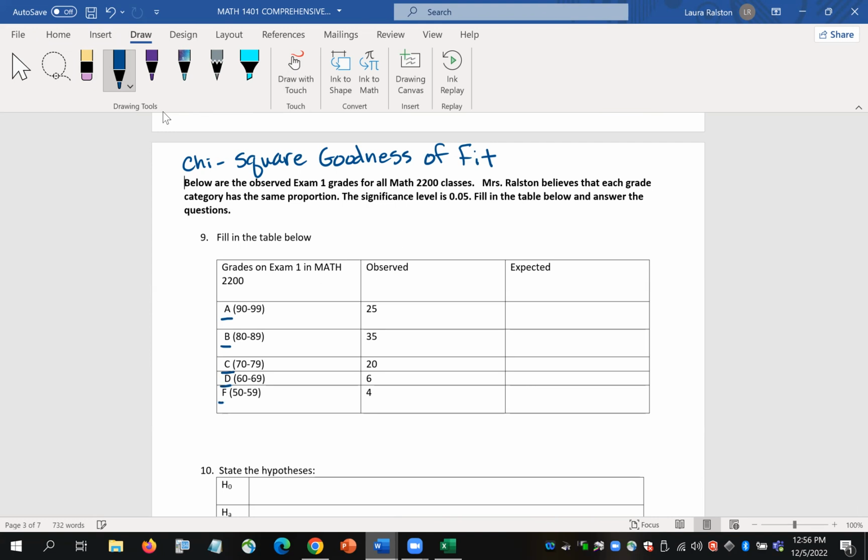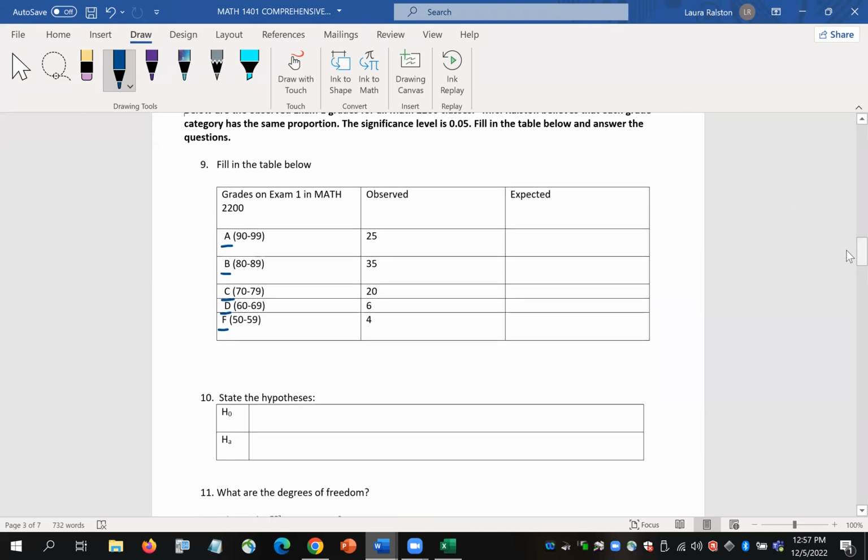Now they define those letters as numbers, but you have letters. The letters are qualitative data. The only test that we discussed in this class where you use qualitative data is chi-square goodness of fit. Do you need to see this problem worked out?